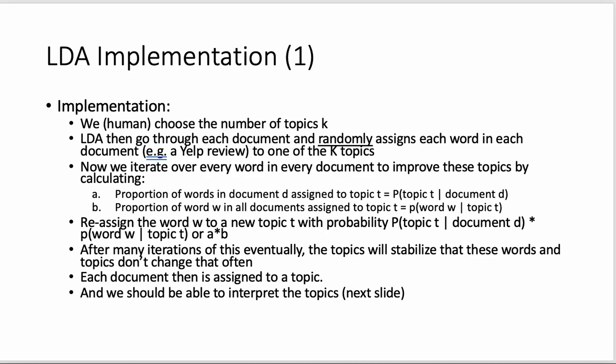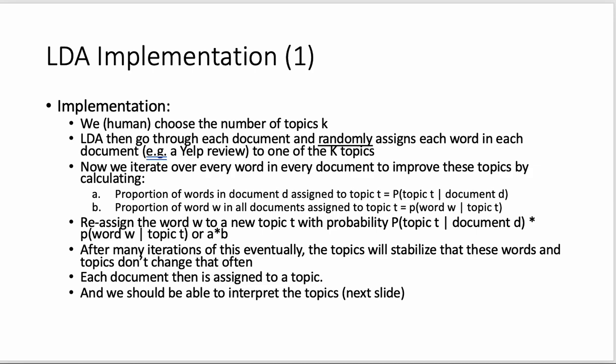After repeating the step a large number of times, we eventually reach a rough steady state where we say the model has converged and we will have the assignment to the topics that we can accept. So these words and topics don't start changing that often at convergence, and they become pretty steady.